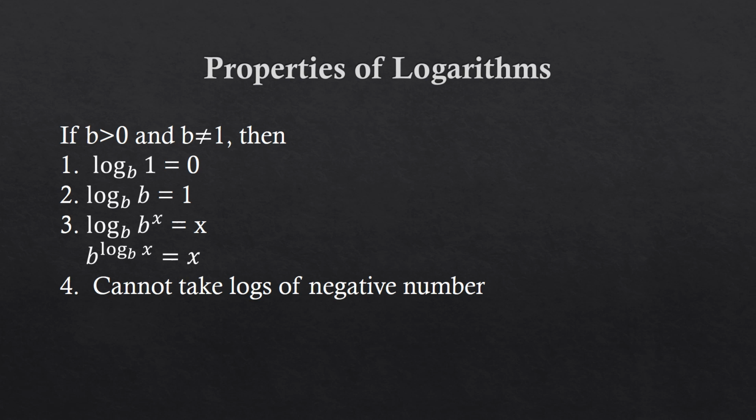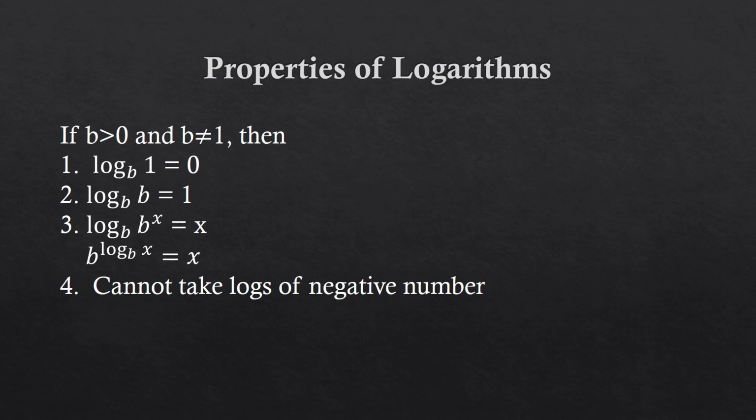So if we have a positive base, except for 1, then we have the following properties. Log of 1 to the base of b will be equal to 0. To simply say it, once you have the base b and you have 1, automatically that will be equal to 0.